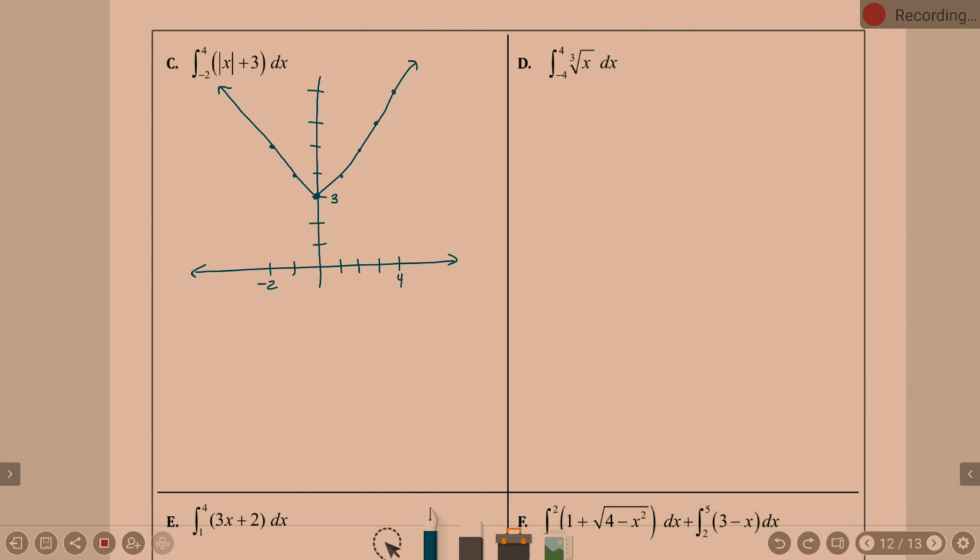So are you seeing where we're going here? So we need this area, all of that. So what are you seeing? 2 trapezoids. 2 trapezoids? Okay. I'm going to do T1 and T2. How do I do the area of the first trapezoid?